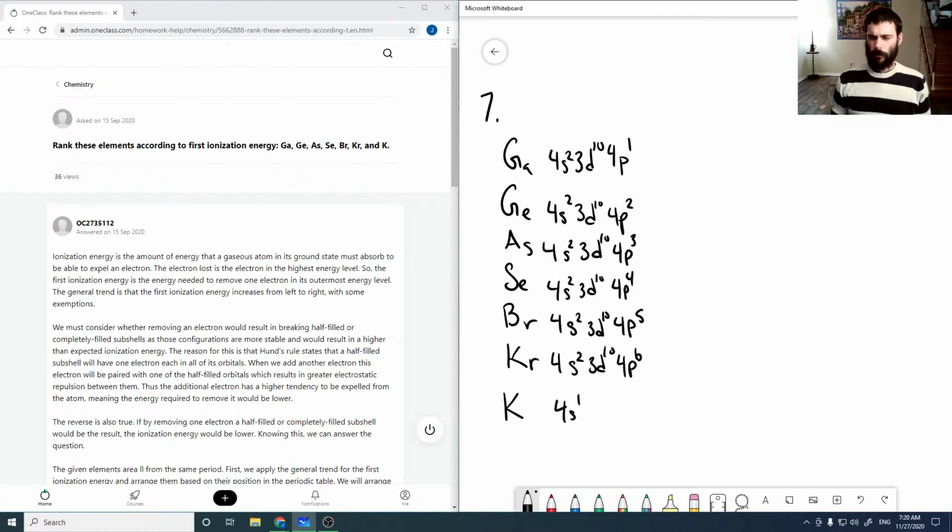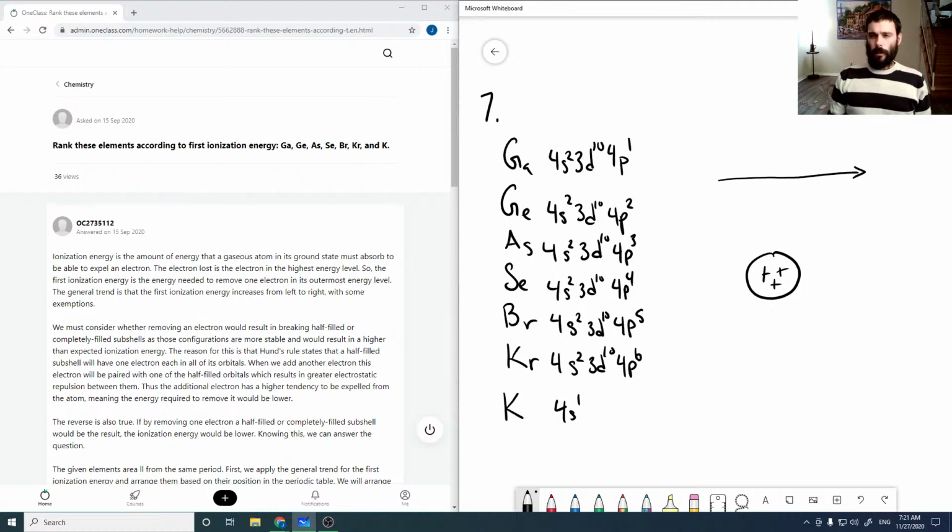And so the biggest thing that leads to that is actually your nucleus, because your nucleus is heavily positively charged, and as you go right across the periodic table, we're increasing this charge, which means that these electrons are more and more tightly held.